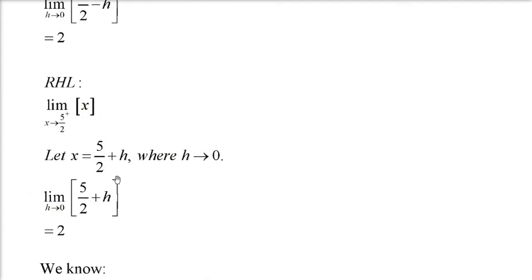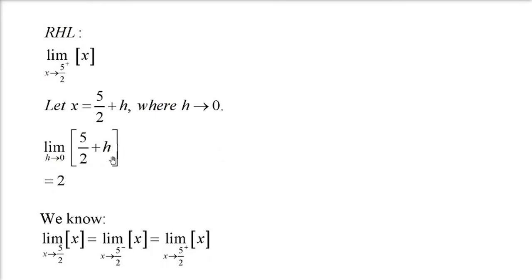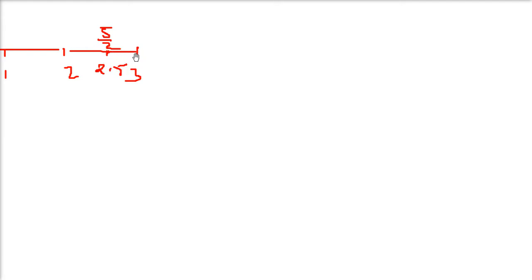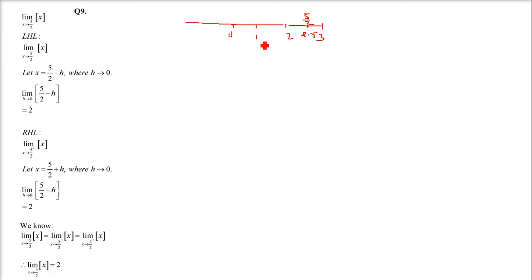You are adding a very small value to 2.5, say 2.6, 2.7, whatever. But it is going to be 2 because the greatest integer function always takes you to the lower integer value. So the left hand limit and right hand limit are equal, and the value of the limit is 2. So the limit exists, and it's 2.